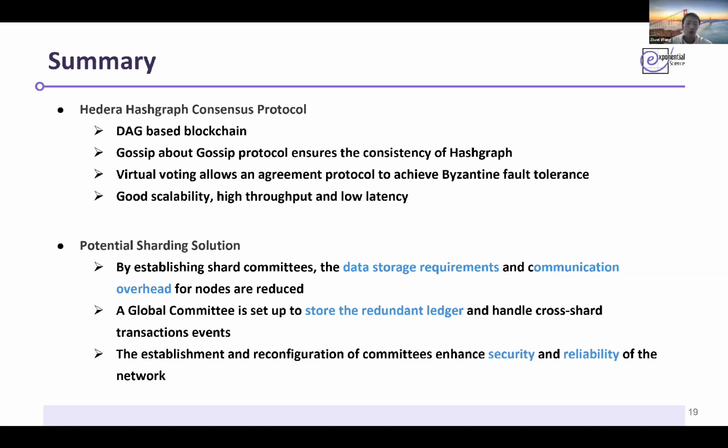With the introduction of local committees, coordinators, and the global committee, Hedera can efficiently handle cross-shard transactions, improve redundancy, and adapt to changes in a secure and seamless way. This paves the path for a more scalable and resilient future for Hedera and its economic system.